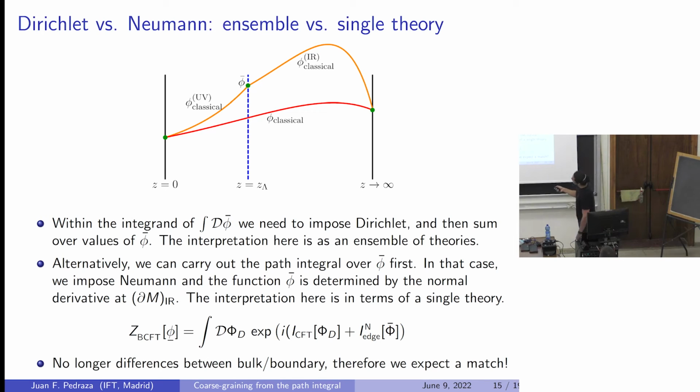So the key point here is that I can do this both in the boundary and in the bulk, and in both cases, I no longer have this extra integral. I have only one BCFT with one specific boundary condition, and in the bulk, I have also one brane with no extra integration over the boundary modes. And the differences that I was telling you about disappear, and then we expect that the two descriptions match, coming from the boundary or the bulk prescription.